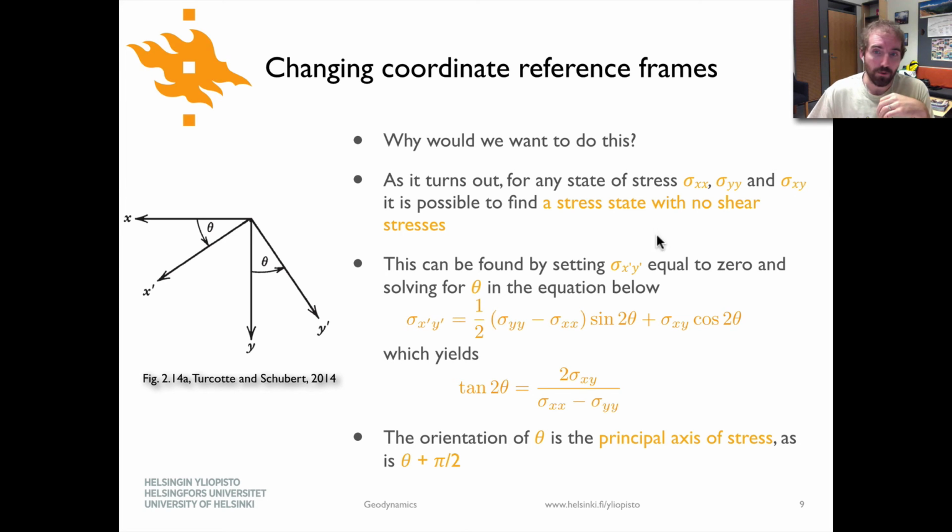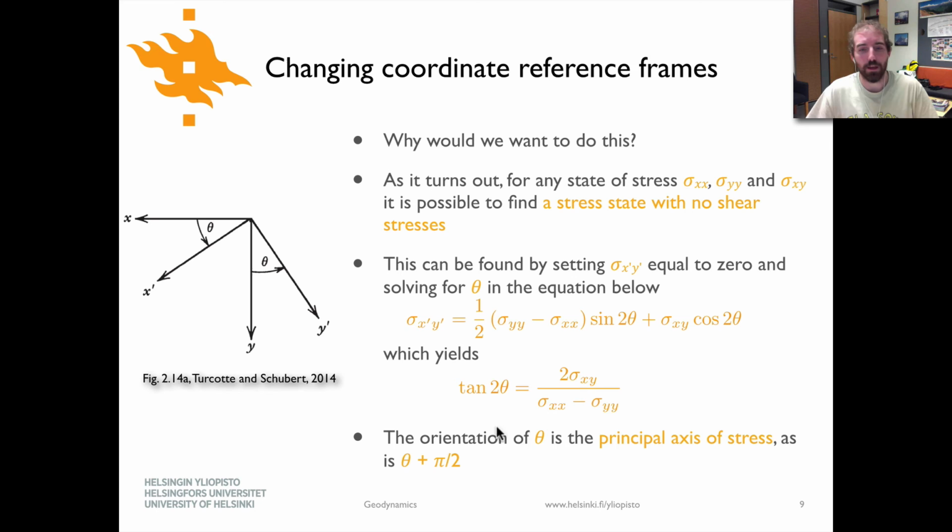Now that can be found by setting this sigma x prime y prime equal to 0 and then solving for the angle theta in the equation that's given below. So that's if you know sigma yy, sigma xx, and sigma xy. That equation yields something that looks like this, which is the tangent of 2 theta is equal to 2 times the shear stress divided by sigma xx minus sigma yy.